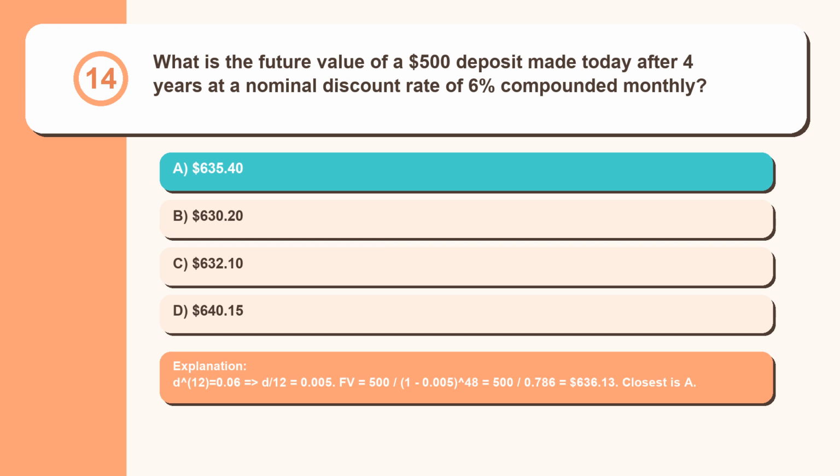FV equals 500/(1 minus 0.005)^48 equals 500/0.786 equals $636.13. Closest is A.